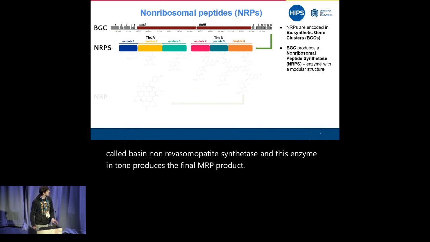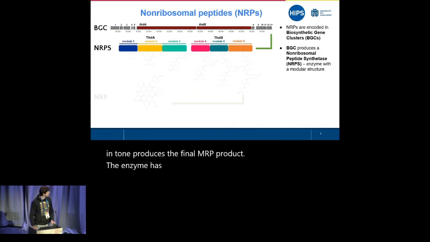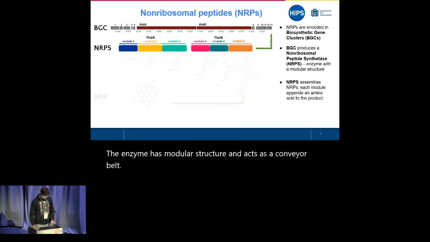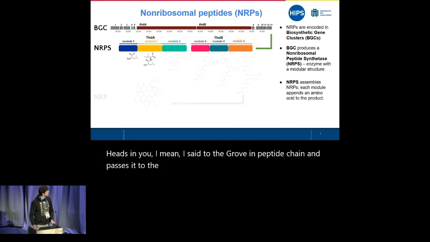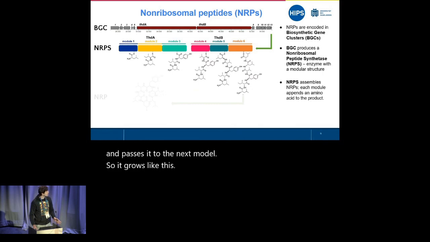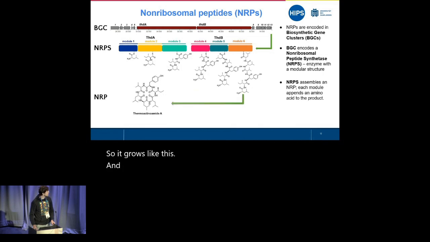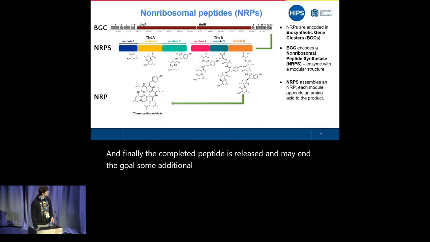The enzyme has a modular structure and acts as a conveyor belt. Each module adds a new amino acid to the growing peptide chain and passes it to the next module. So it grows like this. And finally, the completed peptide is released and may undergo some additional modifications, such as cyclization, which you can see in this case.